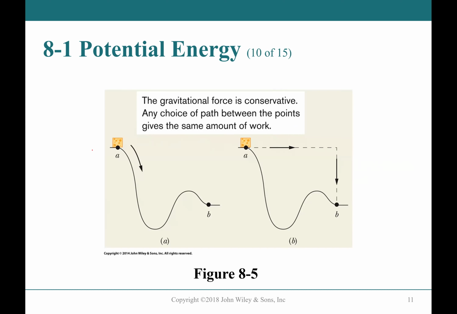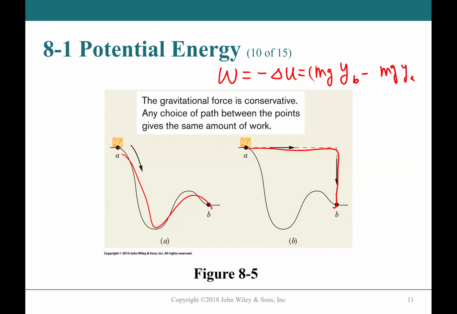So you can say the gravitational force is conservative, so any choice of path between point A and B, or you can choose this curved path, or this path, you are going to have the same amount of work. And this work equals the negative change of potential energy. It will be equal to negative of mgy_B minus mgy_A. So final position minus the initial position with a negative sign, it's the work.